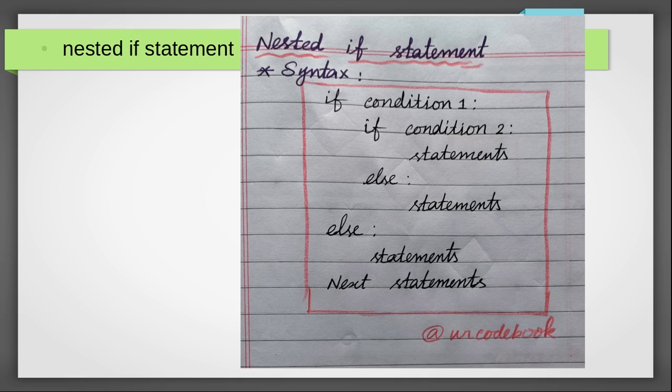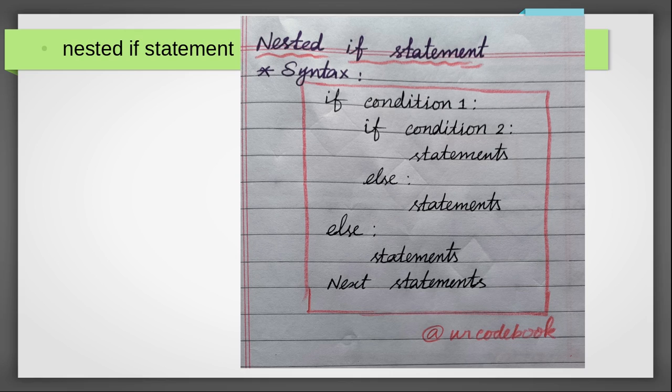Here, if condition 1 evaluates to false, the control goes to the else statement, and then that particular block of statements is executed. Finally, the control goes to the next statement. So this is the syntax for the nested if statement.